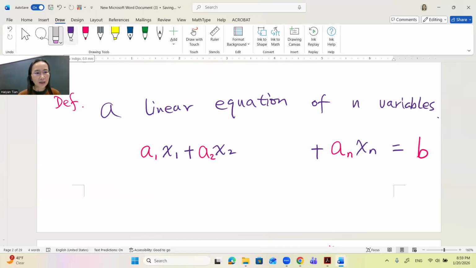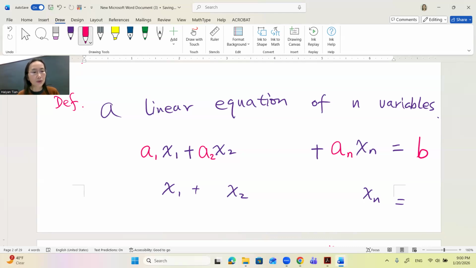So let me write again a second equation involving these variables, x1, x2, xn, and there's a b. Oh, but I want to say that the coefficients may not be the same. They might be different from the coefficients in the first equation, depending on the problem, right? So we want to represent more than one equation.